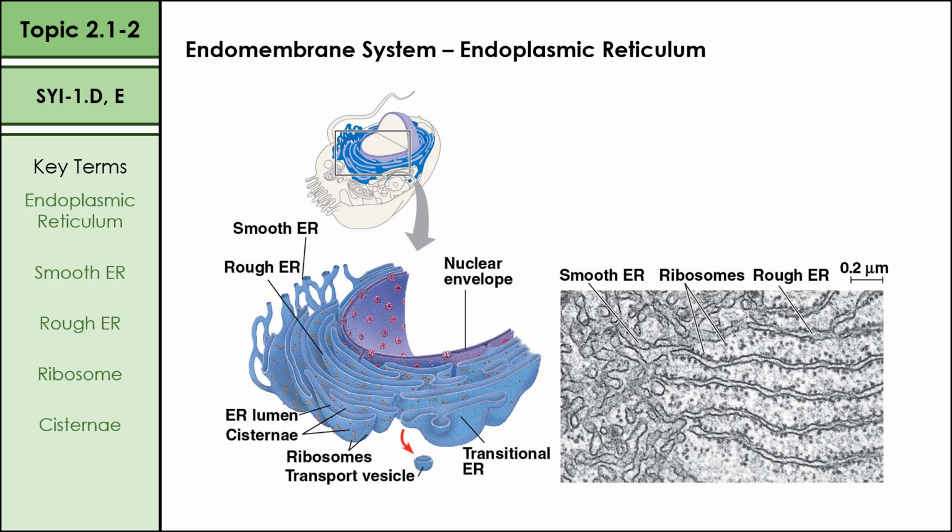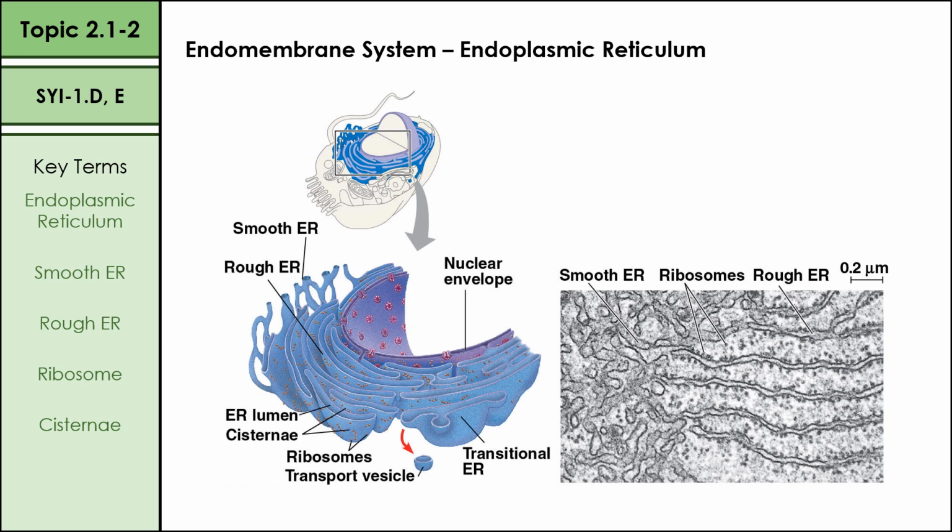And the smooth ER, which does not have any bound ribosomes, so we're not producing any proteins in our smooth ER. Instead, the smooth ER is primarily used to produce lipids and as a detoxifying organelle.